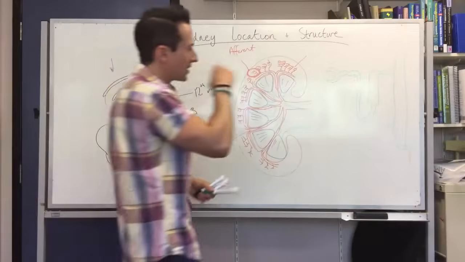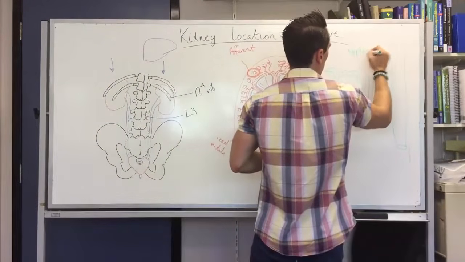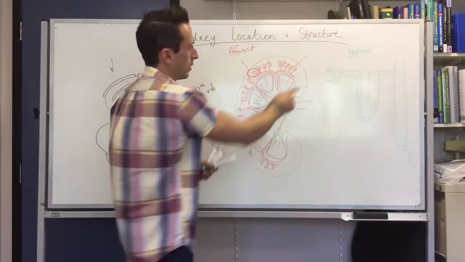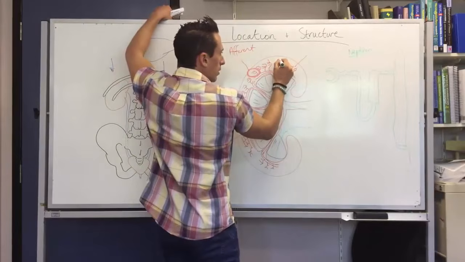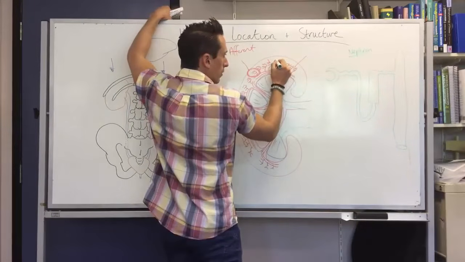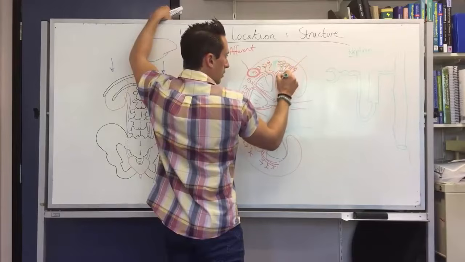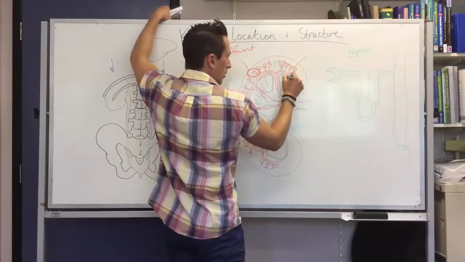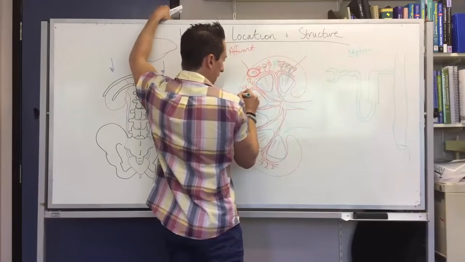Now, this nephron, so let's write that down, N-E-P-H-R-O-N. This nephron, this little cup here, is actually here at all these arterioles. So that means if I were to draw it like this, we've got a nephron here, nephron here, nephron here, nephron here. So you've got nephrons everywhere.